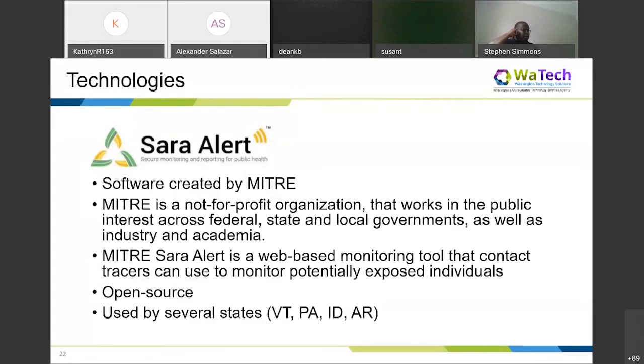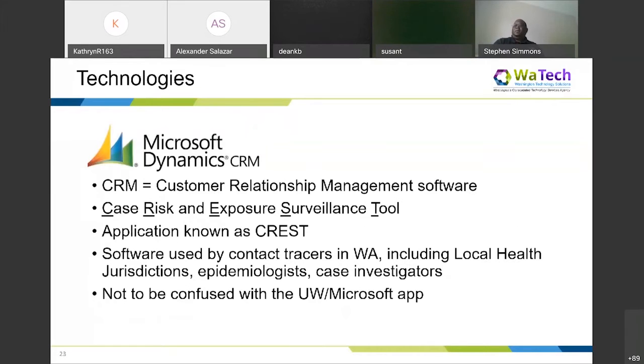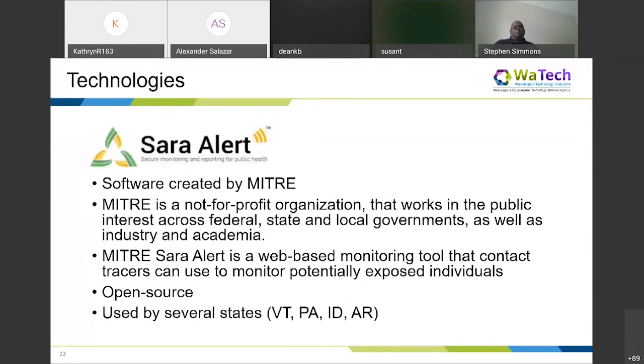So part of what Sarah Alert does is people have the option, if they've tested positive, to be contacted by phone, text, or email in terms of monitoring their symptoms. And this is something that is used in concert with RedCap as well. Several states are using that as well, including Vermont, Pennsylvania, Idaho, and Arkansas.